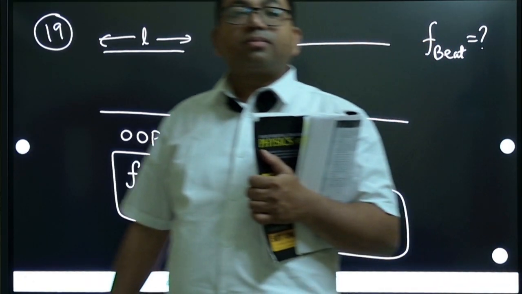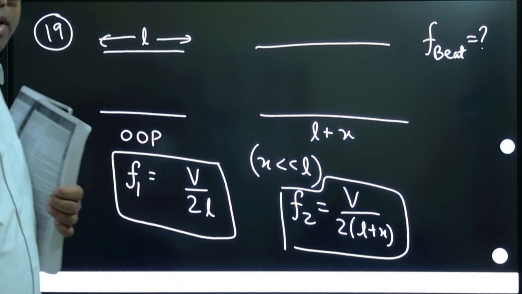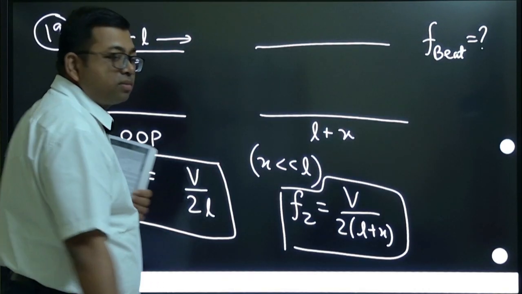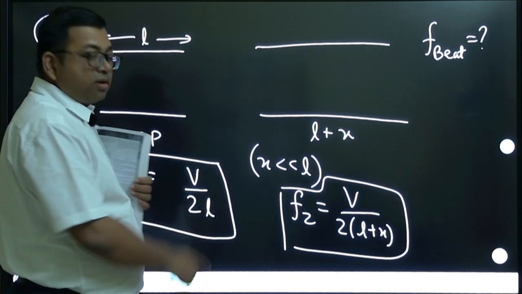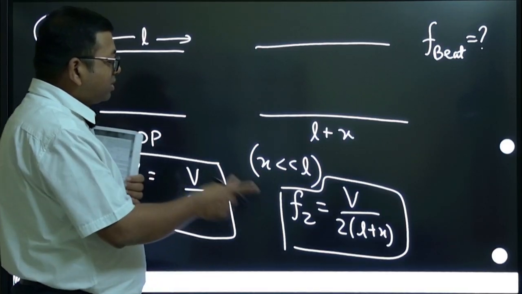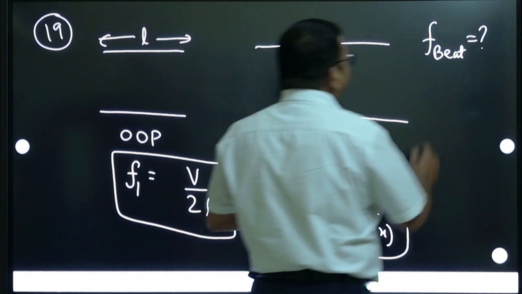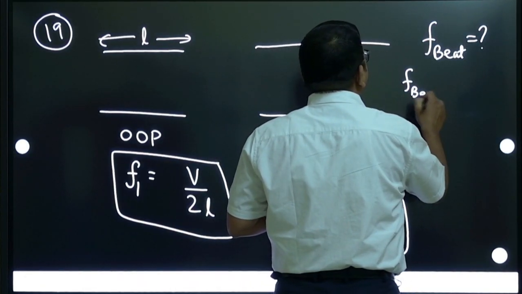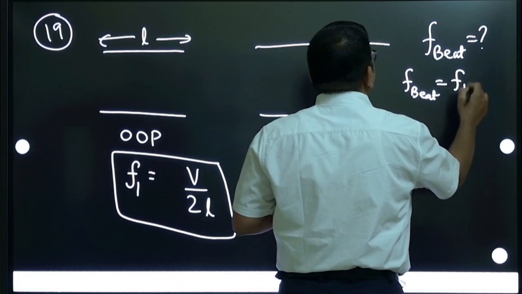F1 or F2? F1 is larger. So you calculate the beat as F1 minus F2.